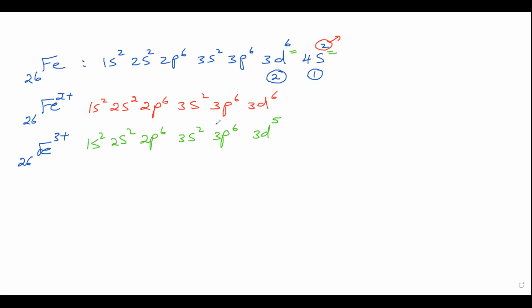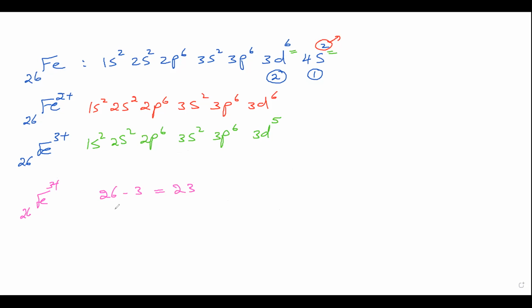Sometimes some students say that if I have iron 26 and then I want to form iron plus 3, this means that we are going to remove 3 electrons from the 26, and this makes 23 electrons to be distributed over the different subshells and shells.